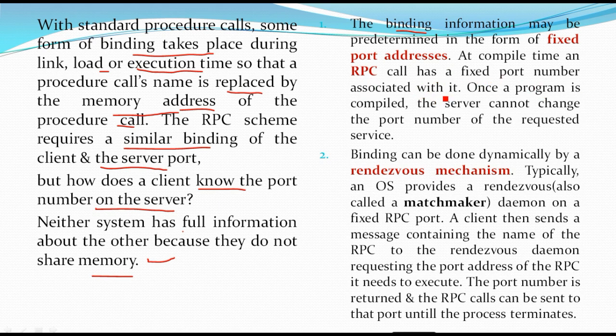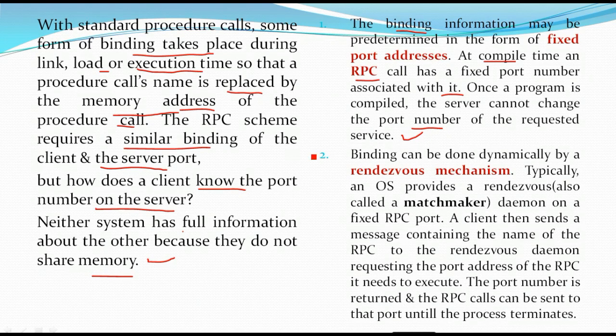So now you can understand, at compile time, the RPC call has a fixed port number associated with it. Once the program is compiled, the server cannot change the port number of the requested service.